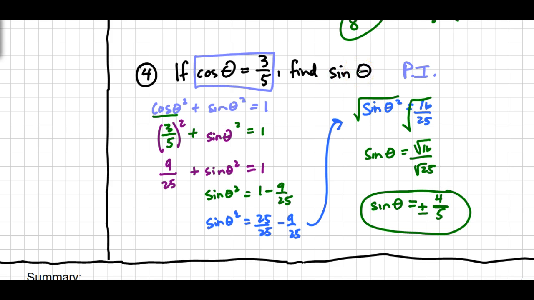One last thing I want to point out here about the Pythagorean identity type questions is that notice that there was a lot of work to be shown on a question like that. When you do these questions on a test or a quiz, they will be worth a significant amount of points because there's so many steps to show. You can anticipate that questions like this, like we did in number 4 here, will probably be worth 4 to 6 points total.